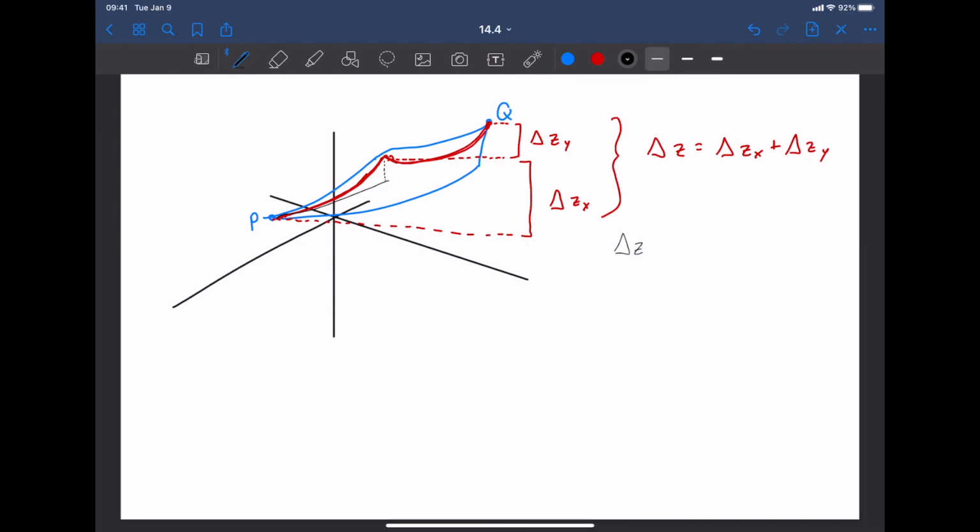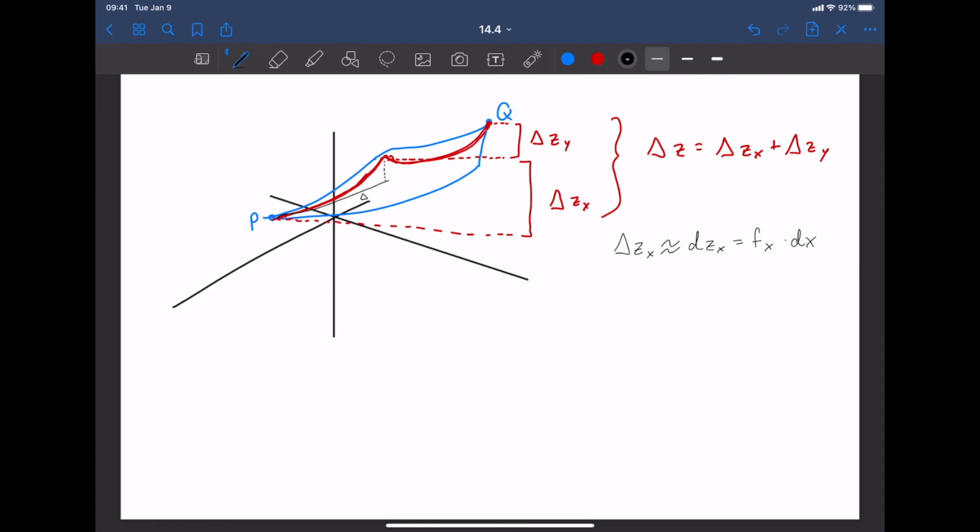The z with respect to x can be approximated with a differential in that direction. And that differential, we call it dzx, would be equal to the slope of that line times the change in x along that line, right?